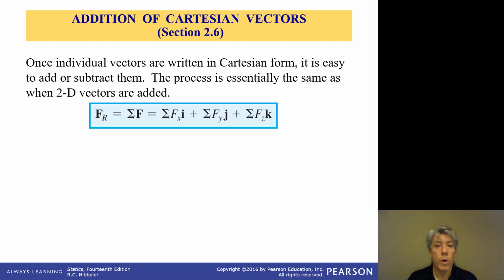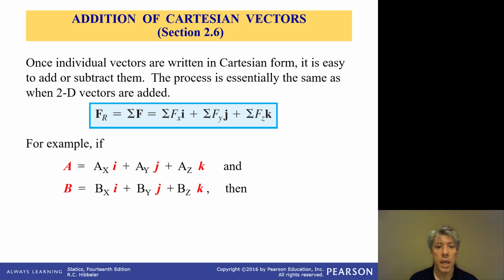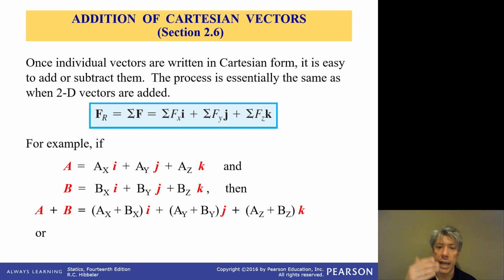So a force can be written in its x, y, and z components. And then if we have a vector A that is ax i plus ay j plus az k, and similar for a vector B, then to add them, all we have to do is add ax plus bx, ay plus by, az plus bz, and then those go with the respective coordinate directions i, j, and k.